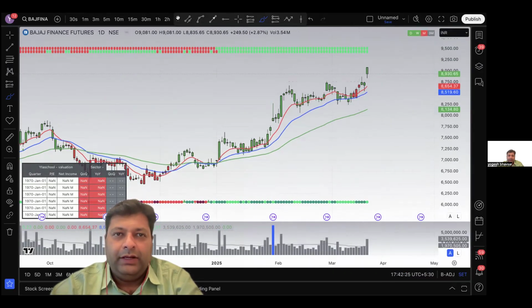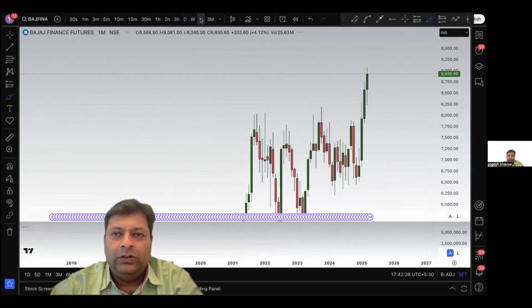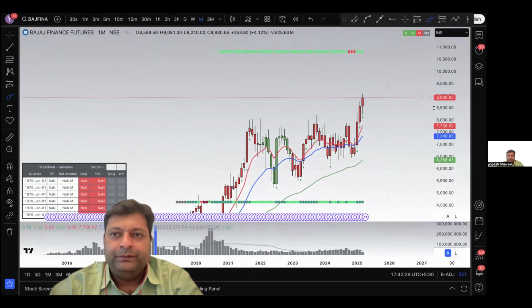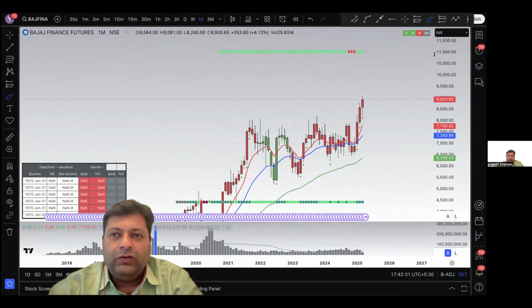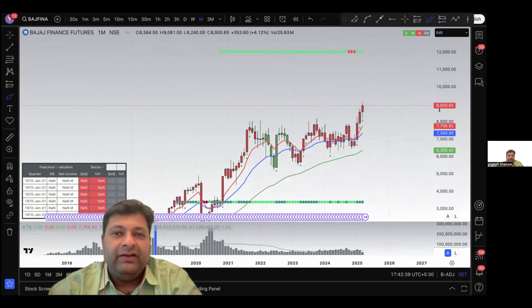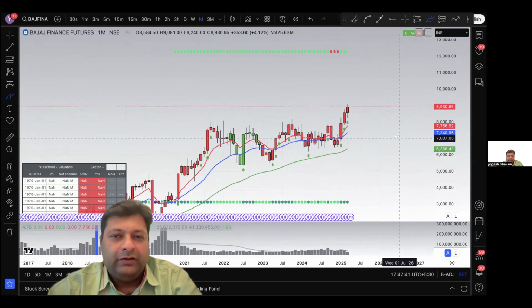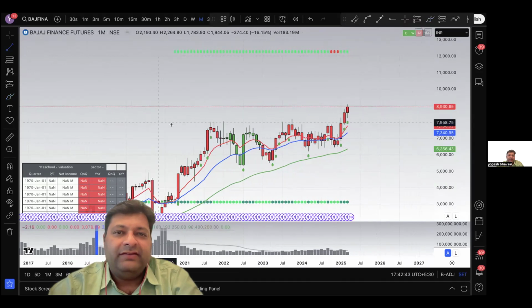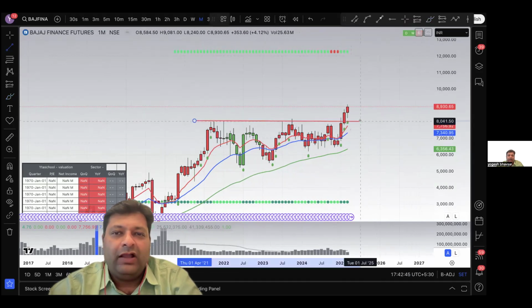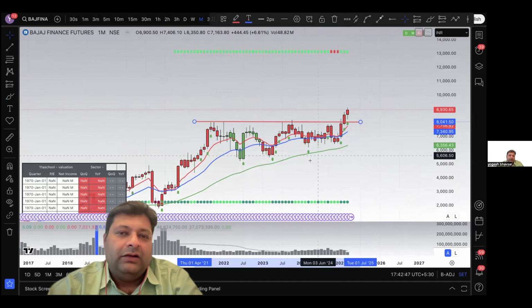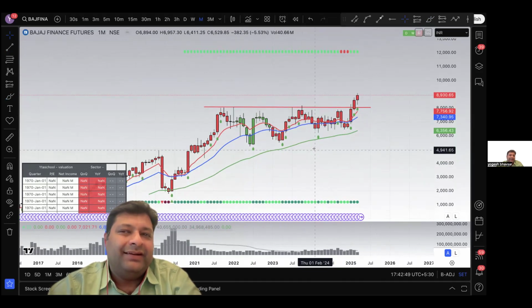Let me go on the weekly time frame. Now see, on the quarterly they don't have much data, so it's gray in color. Weekly and monthly time frames are red in color. That means my system says that even if the stock has given you a breakout, it is calculating that the trend is still weak.